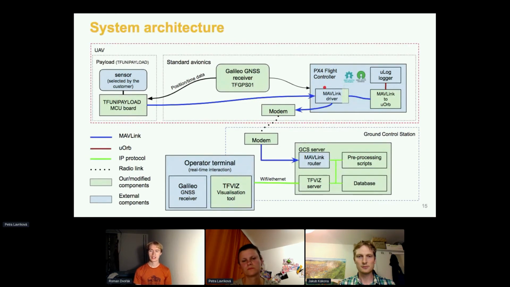As you can see, there is a direct connection between the global navigation satellite system and the TF unipayload board. It is because sometimes it is important to have very accurate timing, and our GPS receiver provides a PPS signal output that is connected to the unipayload board.